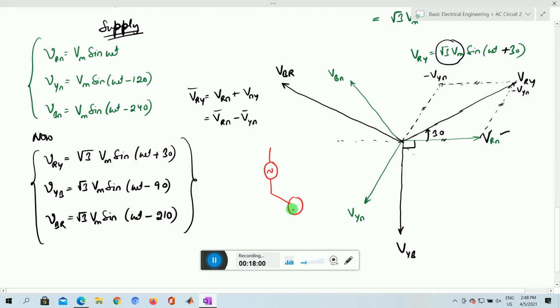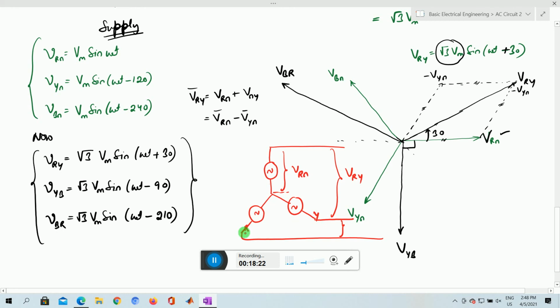So like this you can relate RYB, and the voltage across this phase is VRN, the voltage across the line is VRY, and also the voltage across YB is VYB, and voltage across BR.